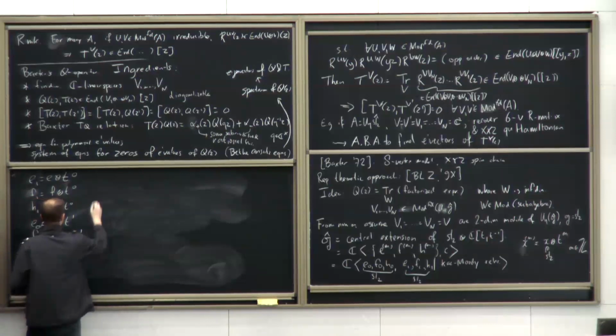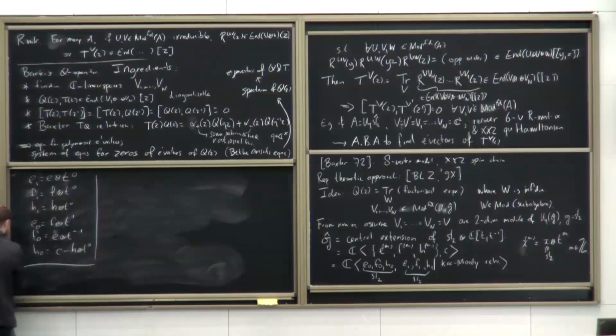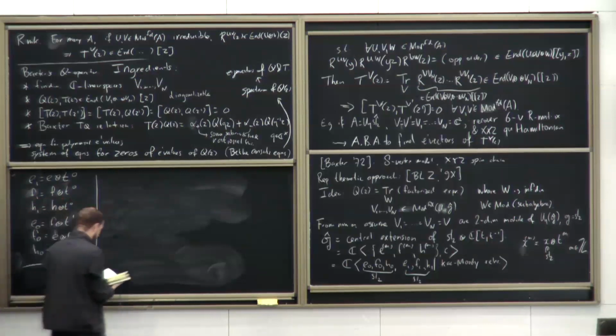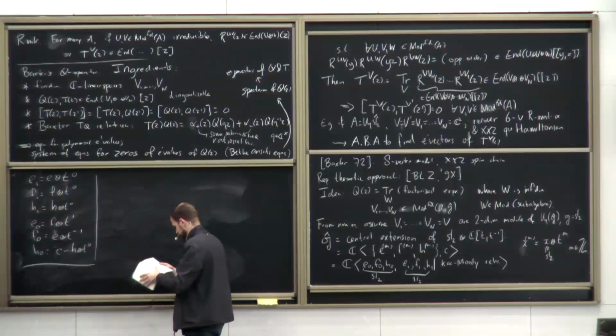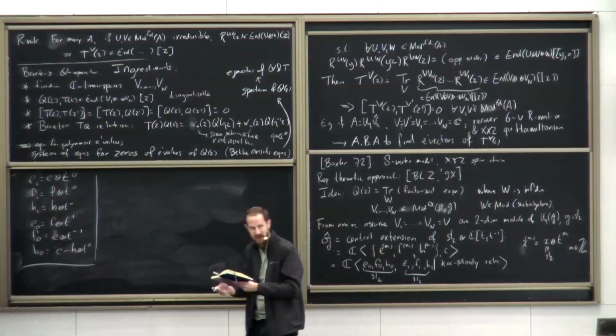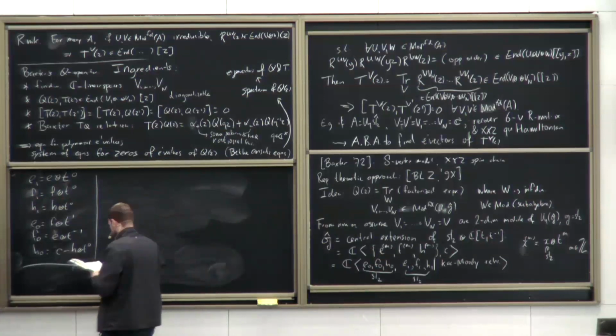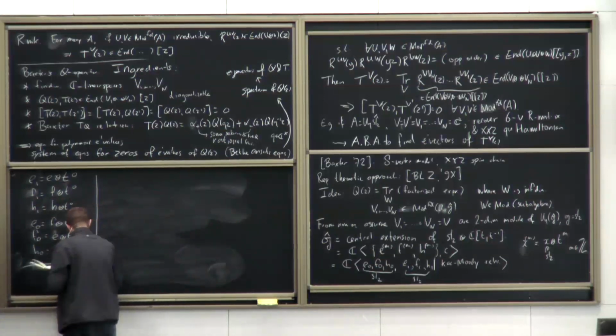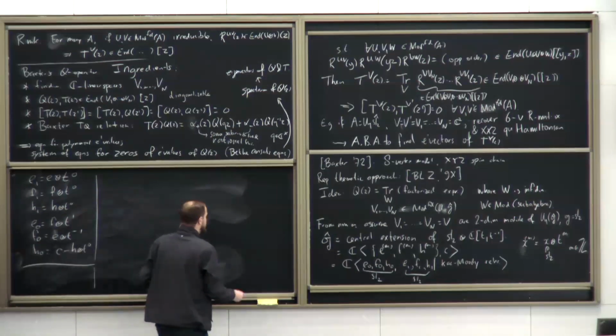So there's a kind of dictionary. Okay, and so you can show that these new generators satisfy Kac-Moody relations. That is to say, they satisfy relations akin to the Chevalley-Serre presentation of finite dimensional semisimple Lie algebras.